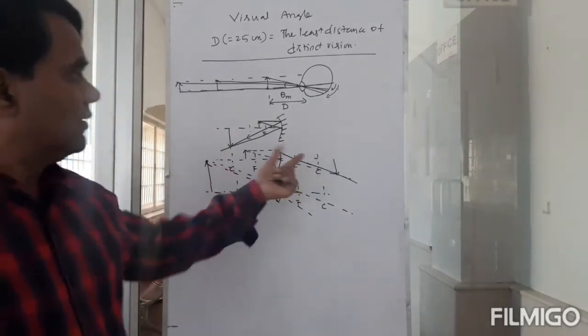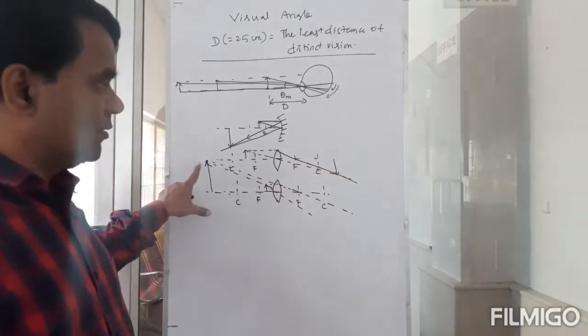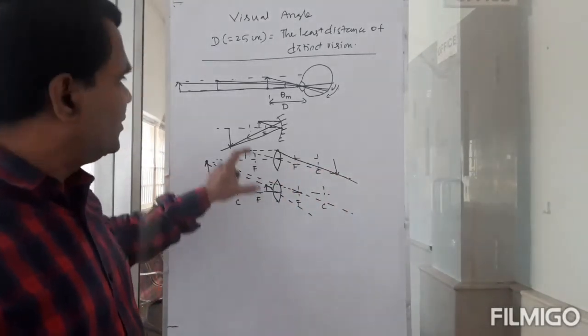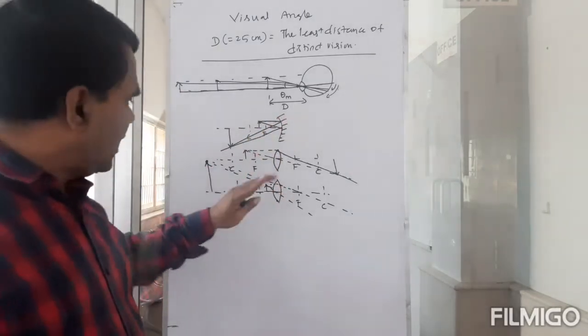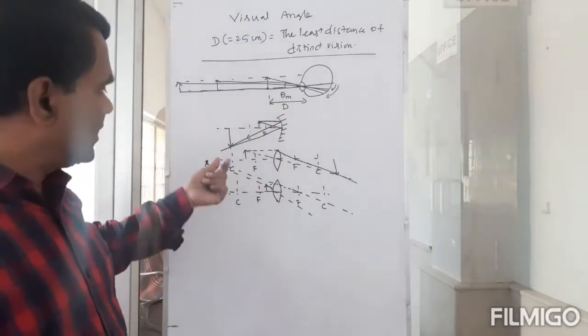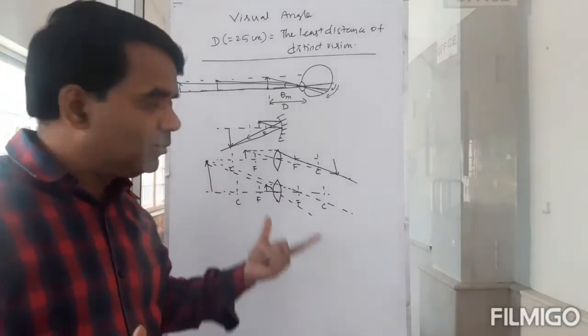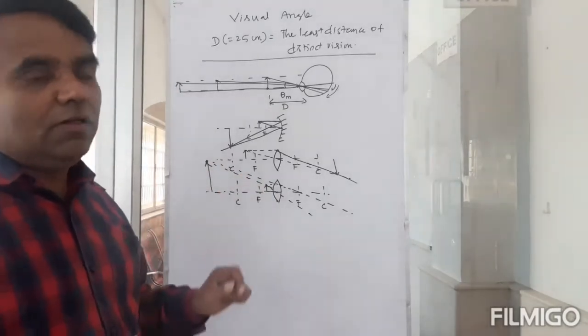But this, here it is a real image, this is going to be a virtual image, but then there's an image which is formed. So by using a mirror or lenses, I can get an image which is bigger than the object.